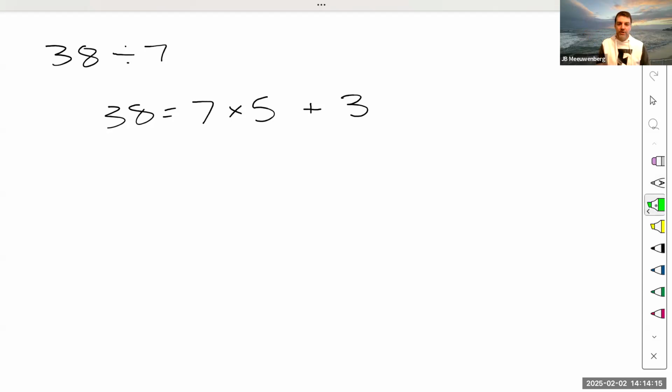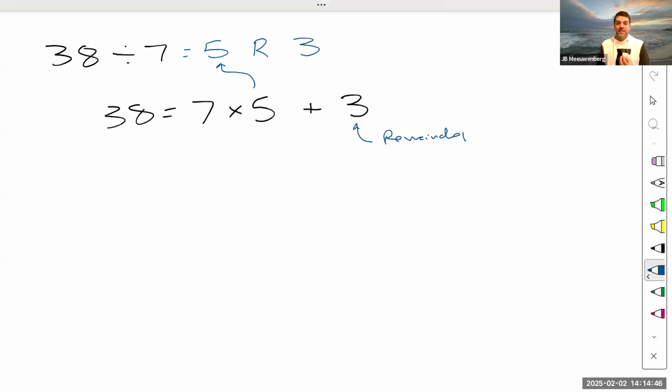And so what you'll see here is you've got multiplication and addition stated in the same problem. This 3 is what we would call the remainder. 38 divided by 7 is equal to 5, and a lot of times we'll even just say 5 R3. That's how we state our remainders.